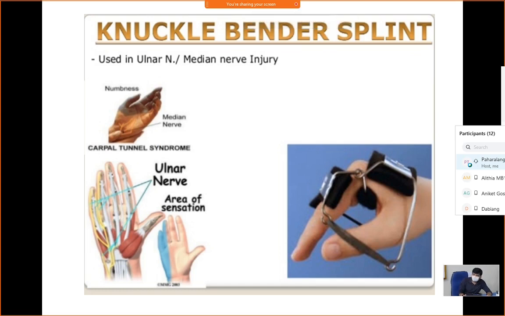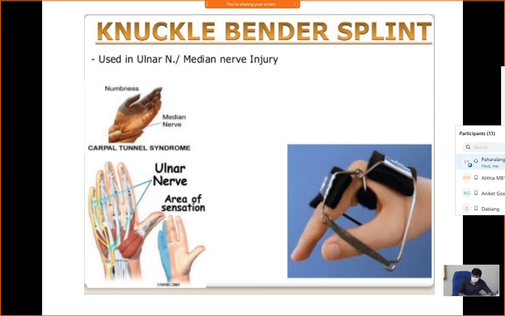This is the knuckle bender splint. This is used in radial nerve or median nerve or ulnar nerve injury. This is just the opposite of that cock-up splint. It keeps your wrist, the metacarpal and the fingers in flexion. In median nerve and ulnar nerve injury, there is claw, and there is extension at the metacarpophalangeal joint.